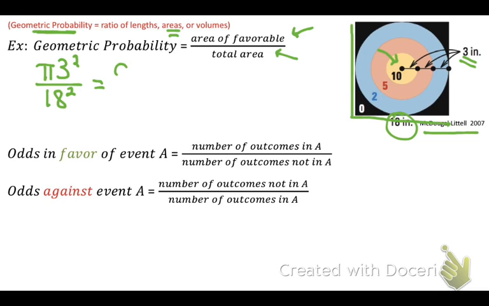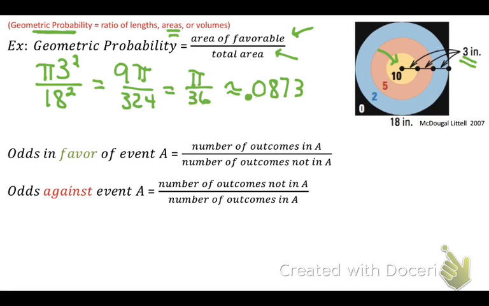That's going to reduce to 9 pi over 324, or pi over 36, and that's going to be approximately equal to 0.0873.